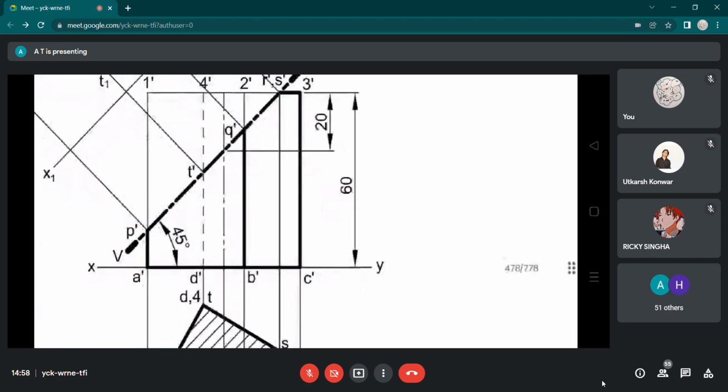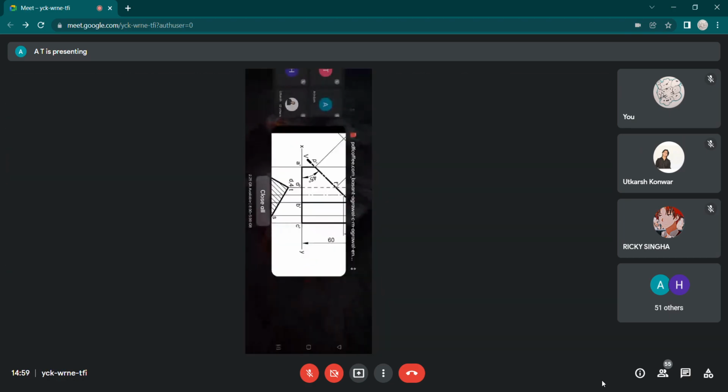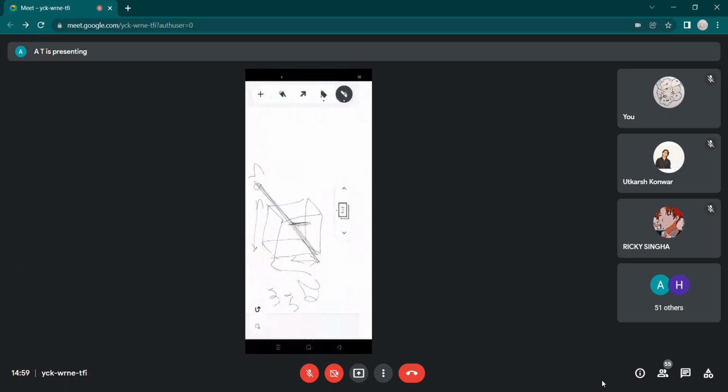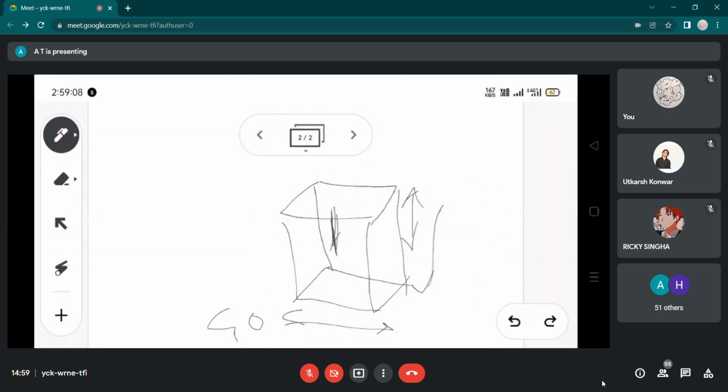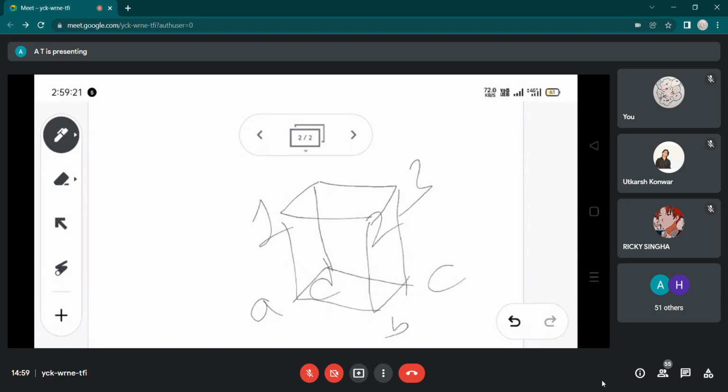Because with A, see, square prism, I told you now, in case of square prism, I think you know that the lower bases are named as A, B, C, D. Upper bases, known as upper edges, are 1, 2, 3, 4. Do you remember this naming?